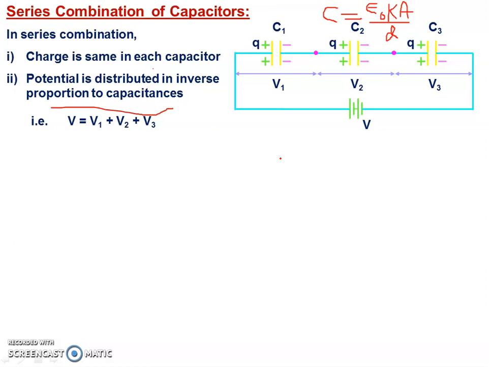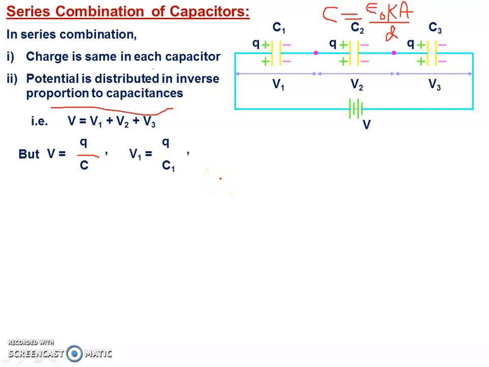Now substitute the values. Actually we are finding the resultant capacitance, C. So we should write V equal to Q by C, where Q is the total charge of the circuit and C is the net capacitance of the circuit.